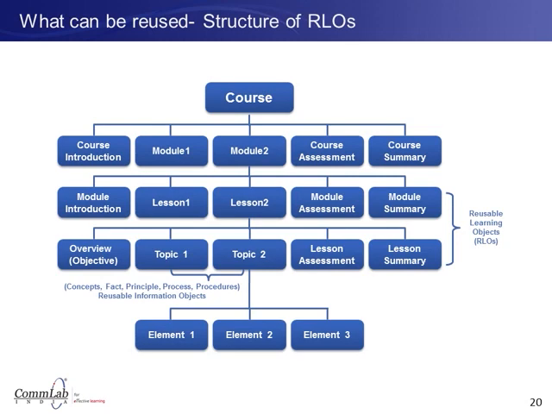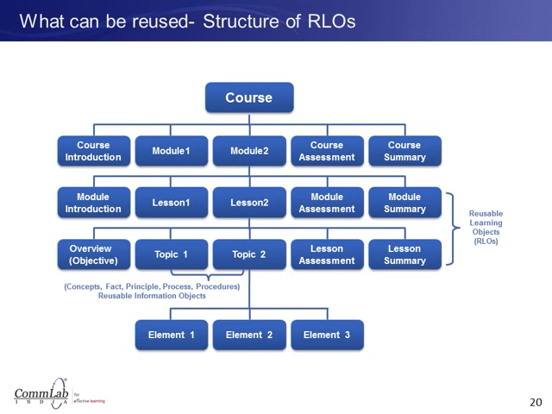So essentially, what we are saying is that an RLO is an independent unit of learning with so many characteristics, which allows reusing of content. If we take the course at the highest level of architecture, we have modules in the course, and a course may have a course introduction and modules 1, 2, 3, and so on, and a course assessment and a summary.